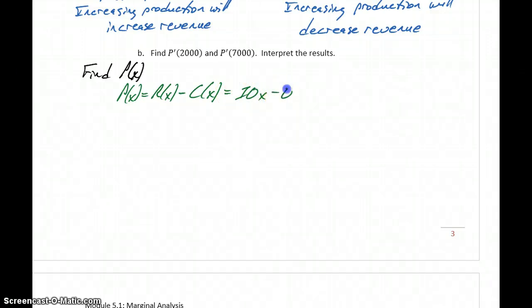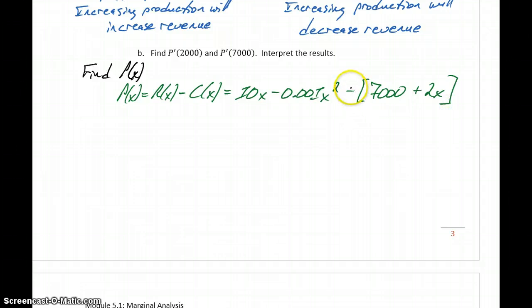Which is going to be 10x minus 0.001x squared minus our whole cost function, so 7,000 plus 2x. So we can go ahead and distribute that negative through the parentheses. This will become minus 7,000 minus 2x, which is going to give us a profit function of negative 0.001x squared plus 8x minus 7,000.